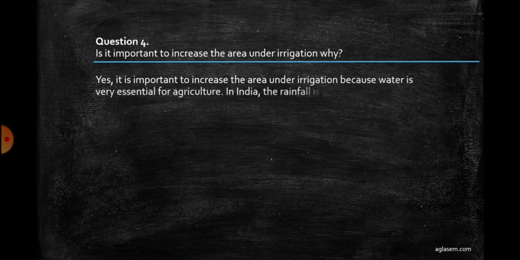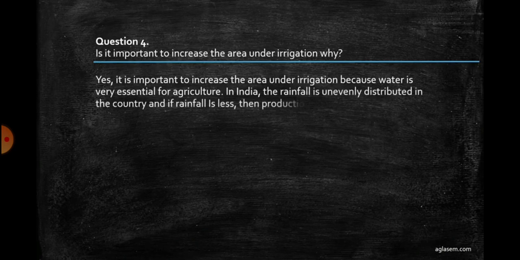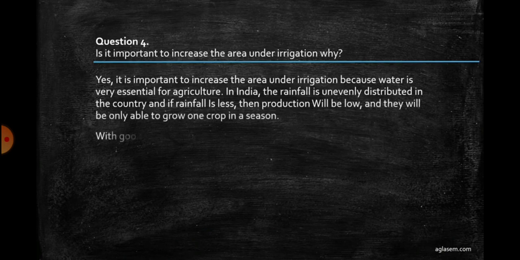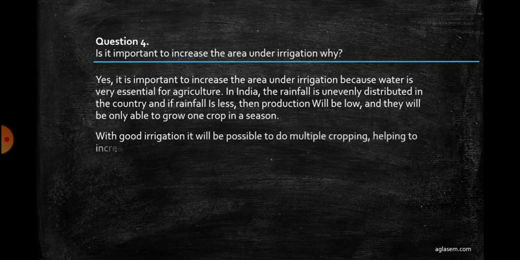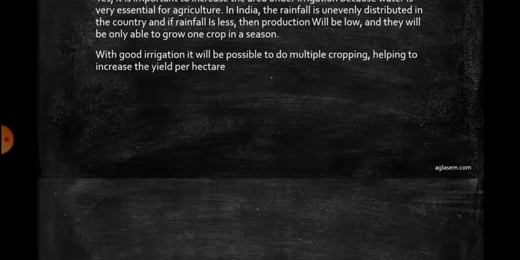In India, the rainfall is unevenly distributed in the country, and if rainfall is less, then production will be low and they will be only able to grow one crop in a season. With good irrigation, it will be possible to do multiple cropping, helping to increase the yield per hectare.